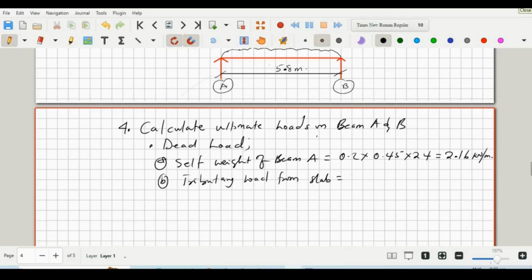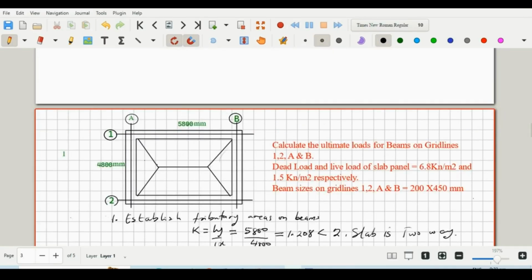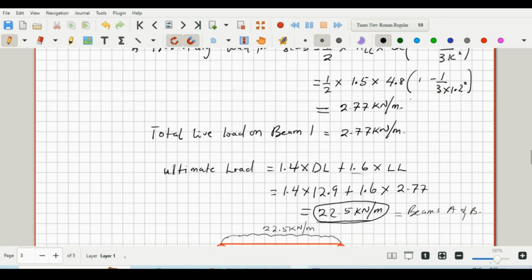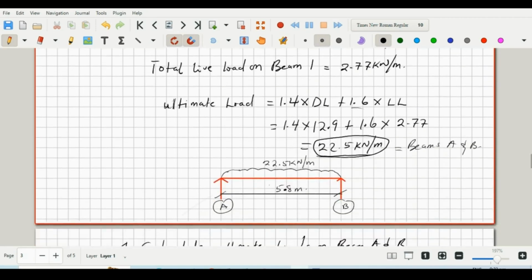Right, since we have triangular load distribution on beams on grid lines A and B, for the tributary load from the slab we would use a different formula.